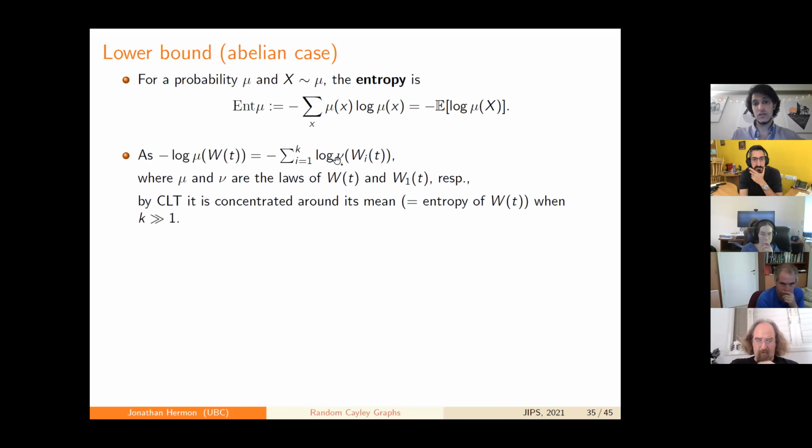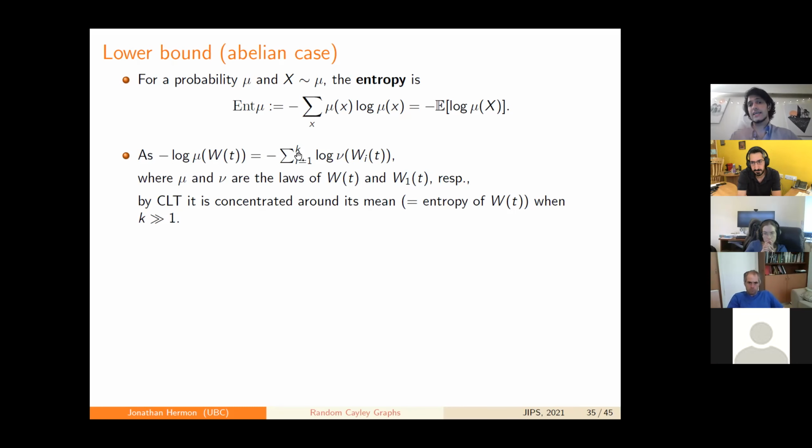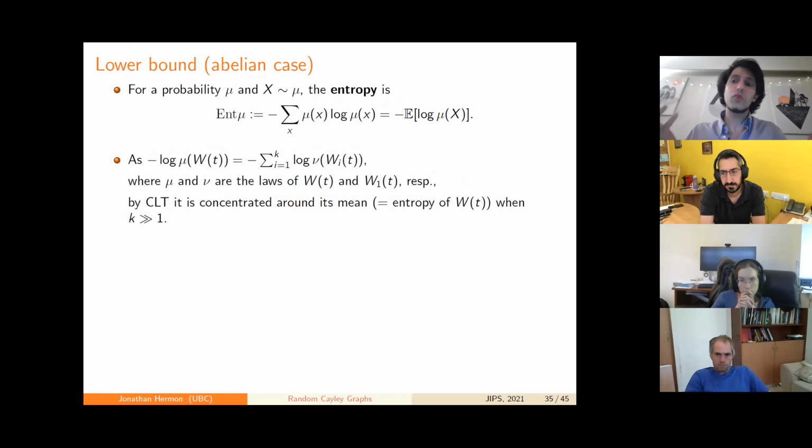Here nu is the law of each of these coordinates. So it's a random walk on Z with rate 1/k, evaluated at time t. Okay, so we want to take the expectation of this, but right now this is a random variable, and because we wrote it as a sum of IIDs and k diverges, we should expect that there's a CLT. So this should be concentrated around the mean, and the mean is the entropy we care about. Okay, so we're going to leverage that.